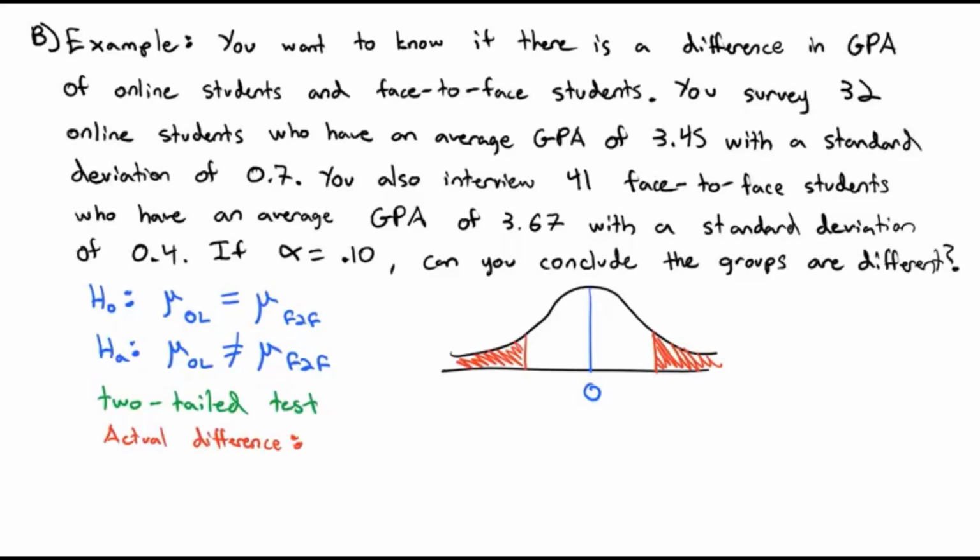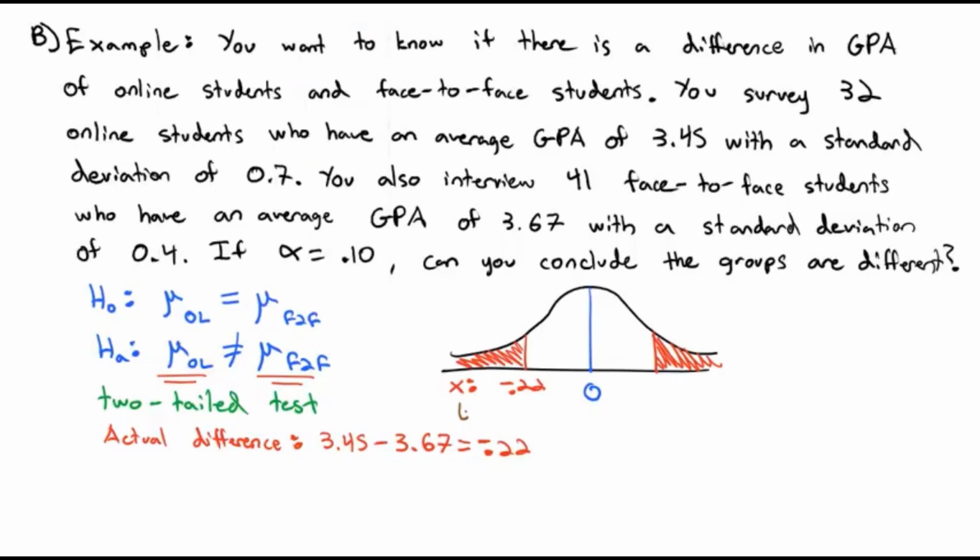The actual difference in GPAs, and we have to subtract in the same order of the hypothesis. So the online GPA has to come first. The online GPA was 3.45, and we subtract the face-to-face GPA of 3.67, and we end up with negative 0.22. So negative 0.22 is the x value we're looking for.